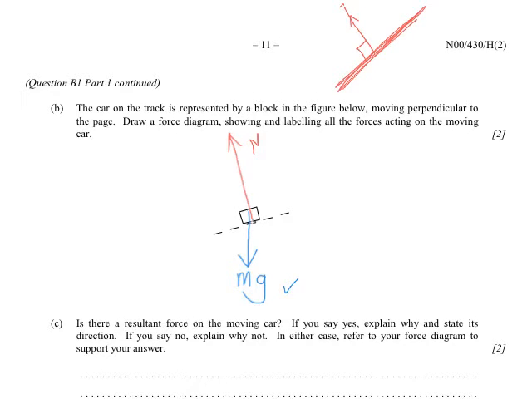Okay, so those are our two forces, and just as a little bit of an extra thing for later, the car is moving towards the centre, so we're still looking for a force towards the middle, right? So the resultant force is going to go that way. Now this is almost exactly the same as the previous question.